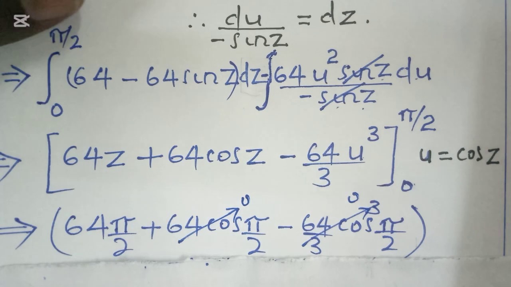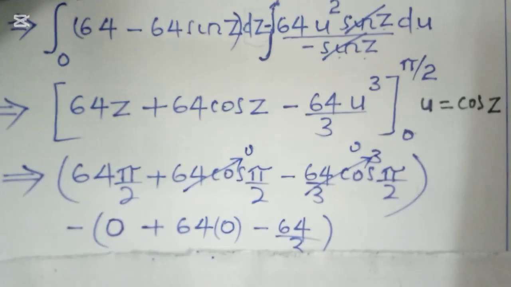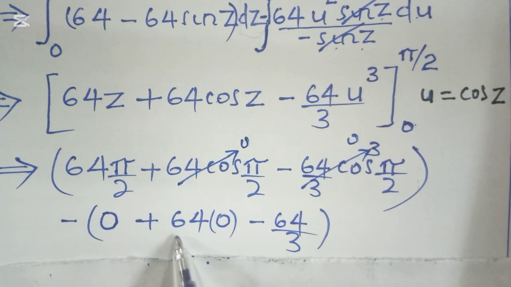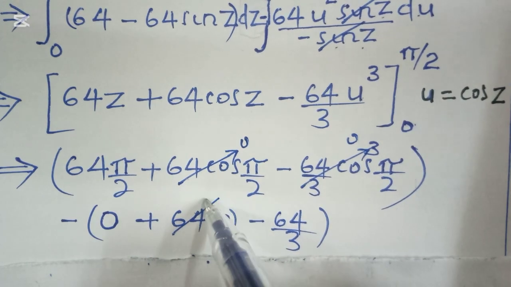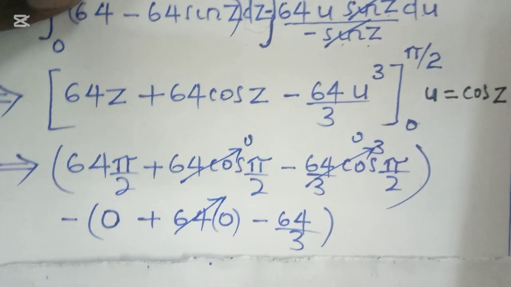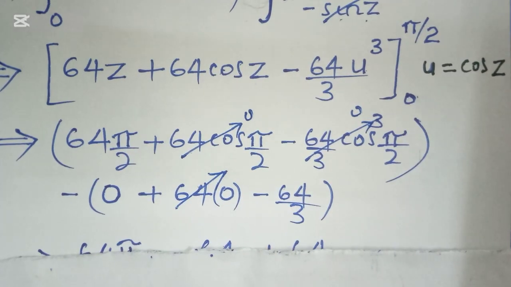Now for the lower limit, guys, this is what we have. For the lower limit, we have 0 plus 64, which now becomes 0. And guys, we are now left with this one, because remember, cos 0 is 1. And so therefore, guys, we combine those, and this is what we are going to have.